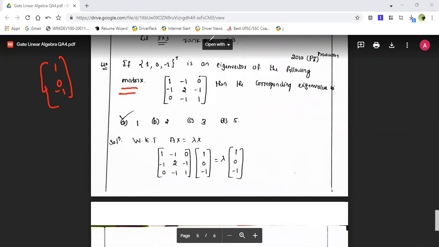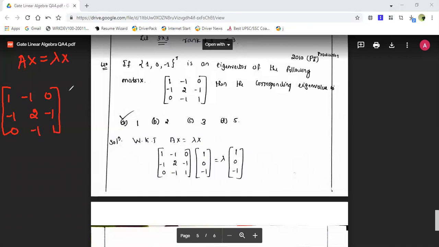Whenever the question of an eigenvector comes, please remember Ax is equal to lambda into x. Now we know A is [1 minus 1 0; minus 1 2 minus 1; 0 minus 1 1], multiplied by the eigenvector 1, 0, minus 1. This is equal to lambda into x, and again x is 1, 0, minus 1.